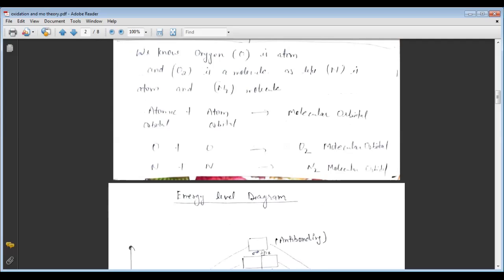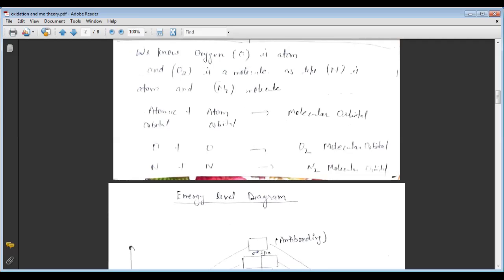Now we know that oxygen is an atom, and when we write O2, it is a molecule, the same as N is an atom and N2 is a molecule. We know that when two atoms, or two atomic orbitals, are combined together, they convert into molecular orbitals.